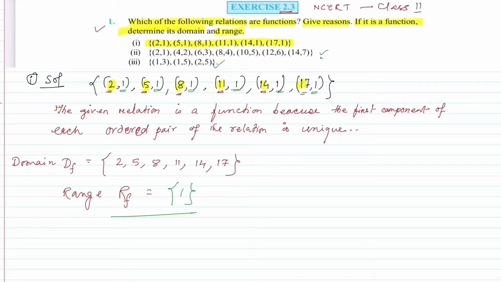So let us solve these two. Number 2, here you see, if you observe each and every ordered pair, the first component of each ordered pair is unique.